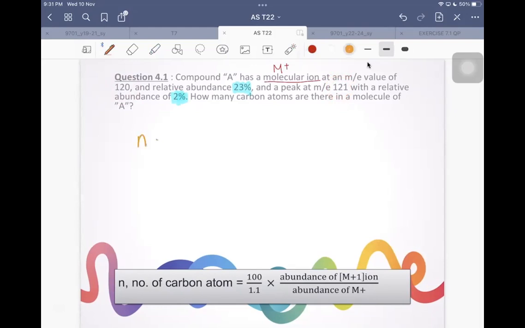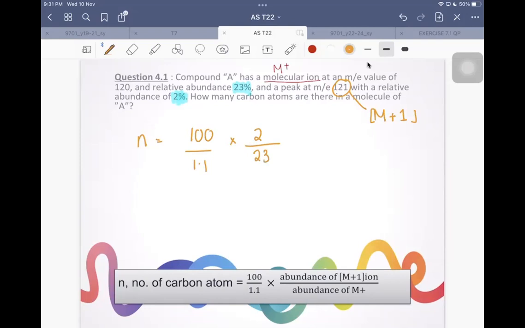N equals 100 over 1.1, you don't change the number, times the abundance of M+1. So this is your M+1, 121. But we don't want the mass to charge ratio, we want the abundance, which is the 2%, over the abundance of M plus. The abundance of my M plus is 23%.